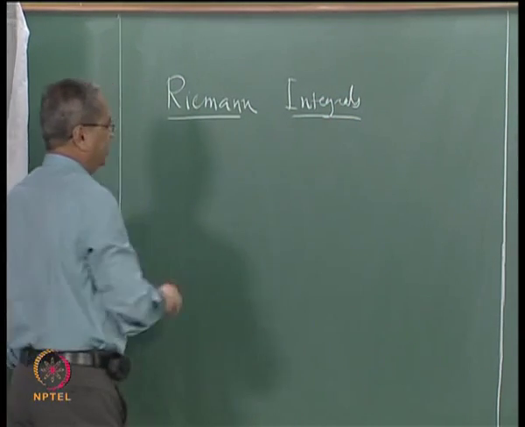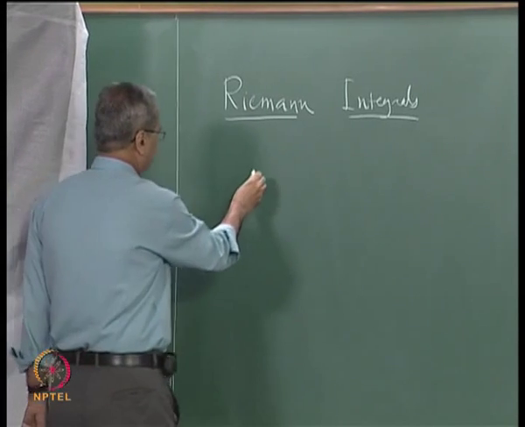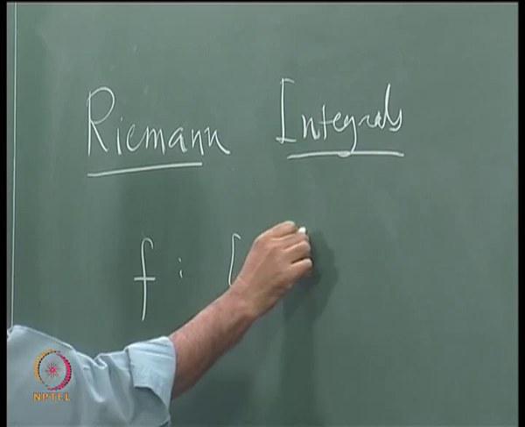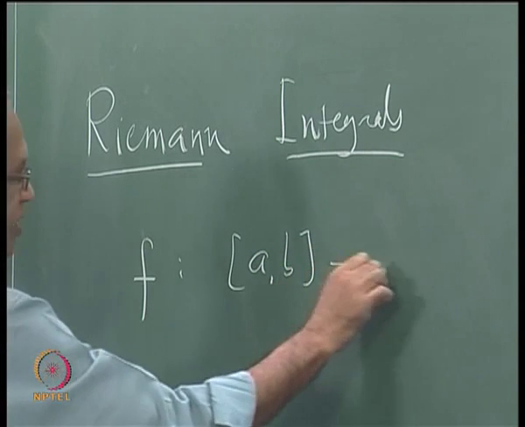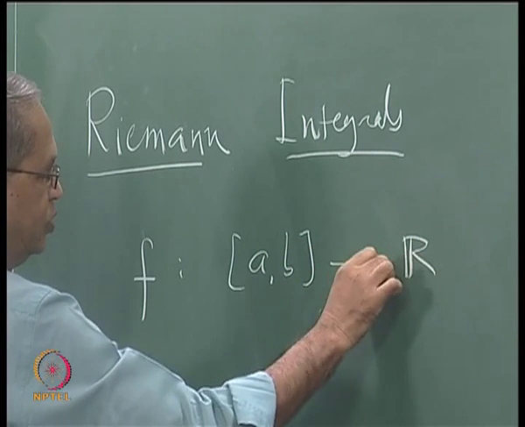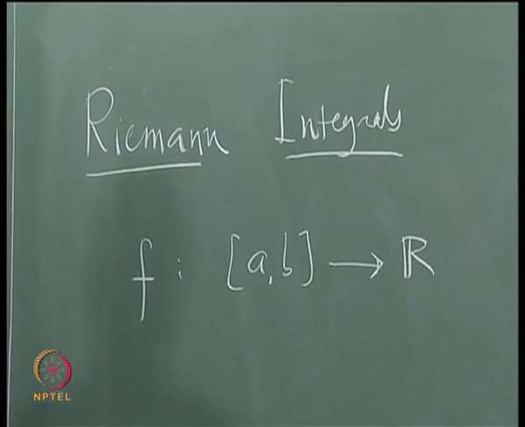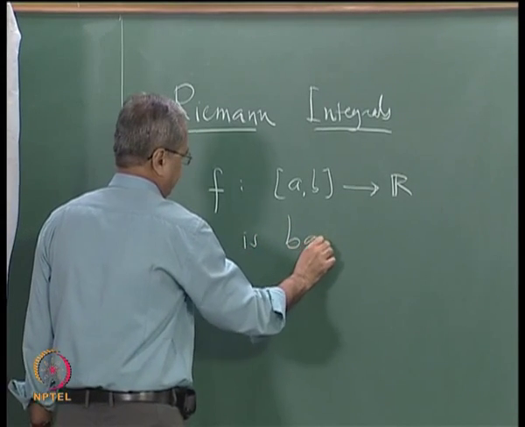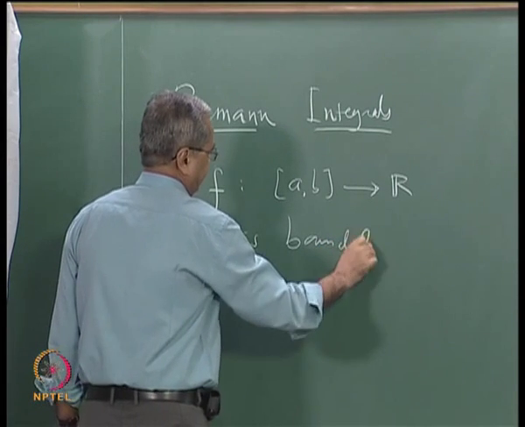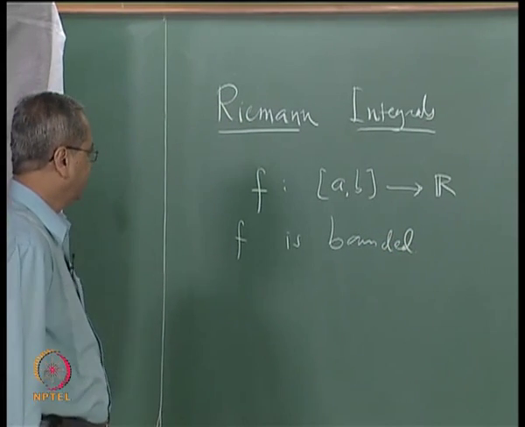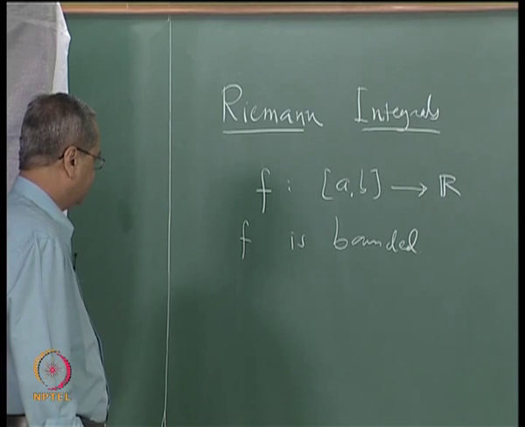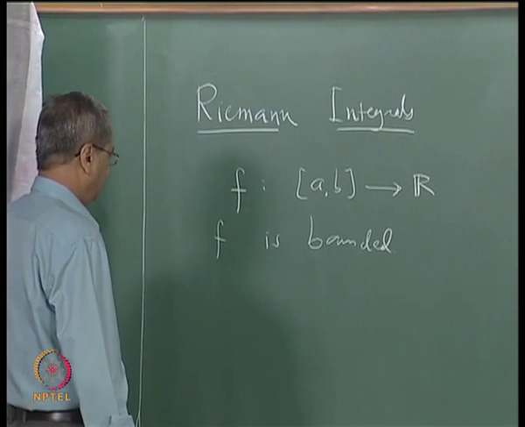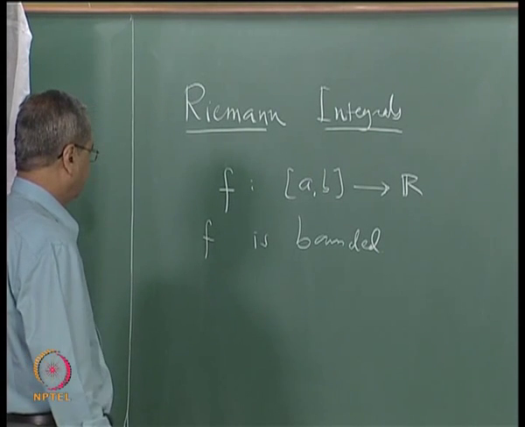Here the idea is as follows: f is a real valued function defined on some interval a to b, f from [a,b] to R, and we also assume that f is bounded. Since f is bounded, we can take the least upper bound and the greatest lower bound of f.